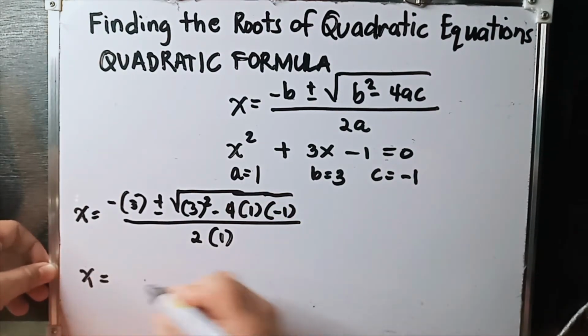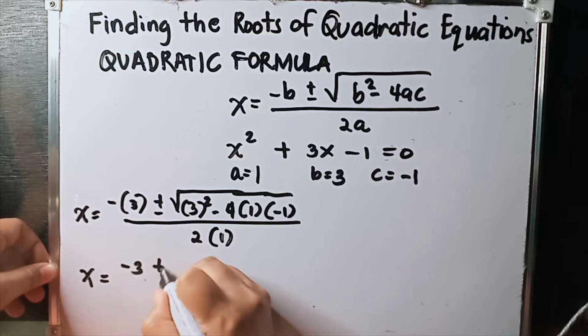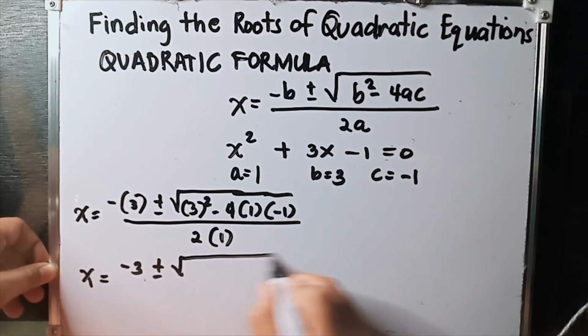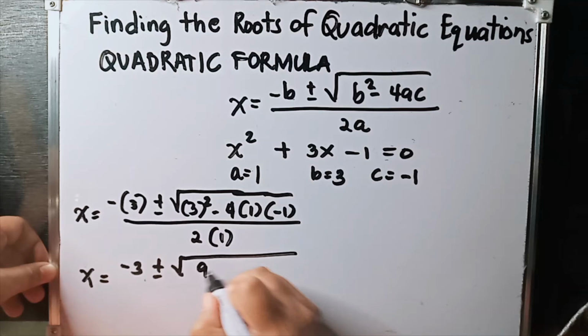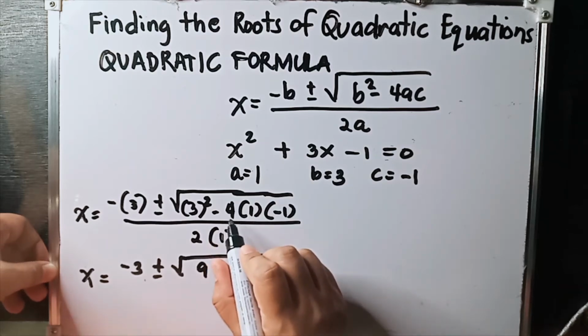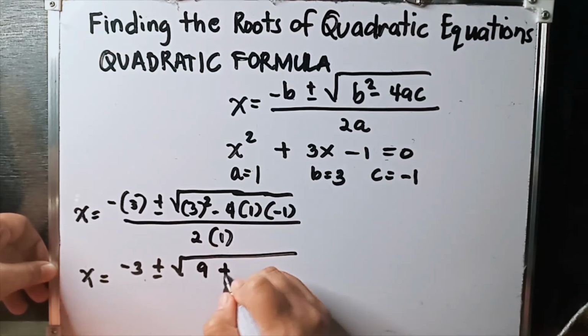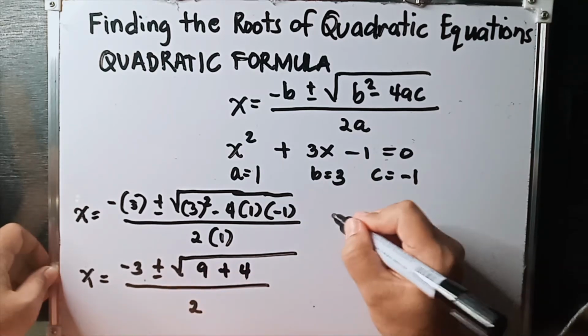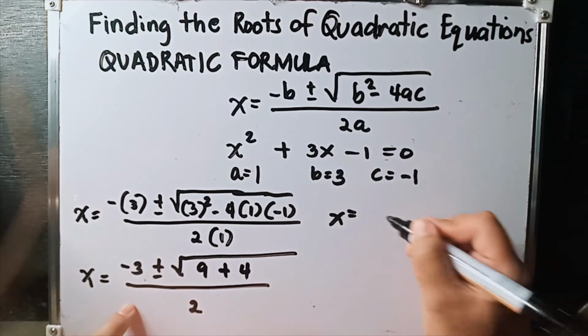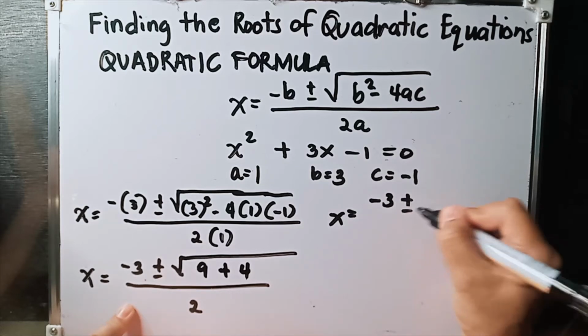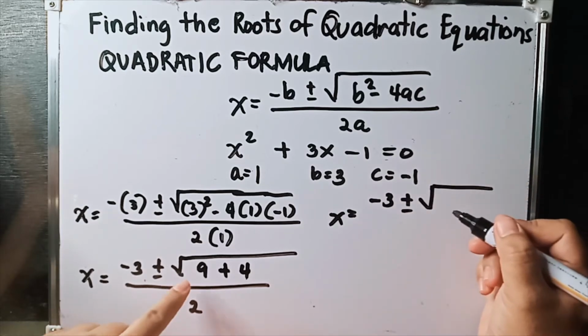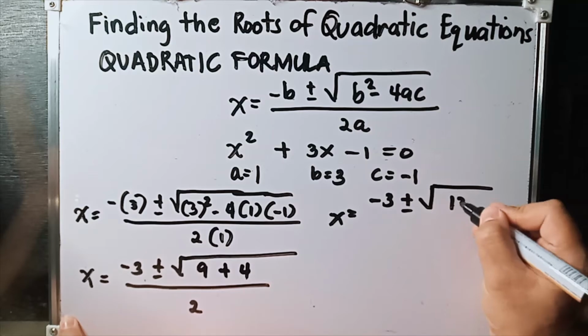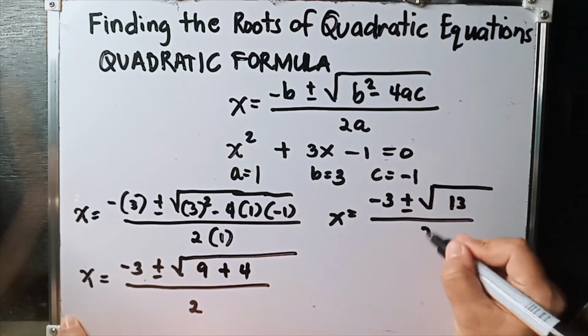Okay, we simplify. So, we have negative 3 plus minus the square root of 3 squared is 9. 4 times 1 times negative 1 is positive 4, all over 2 times 1. So, x is equal to negative 3 plus minus the square root of 9 plus 4 is 13, over 2.